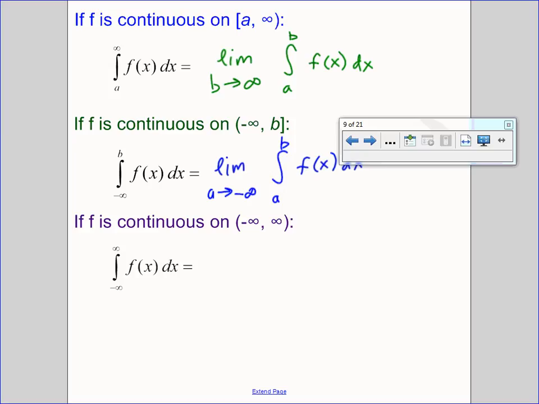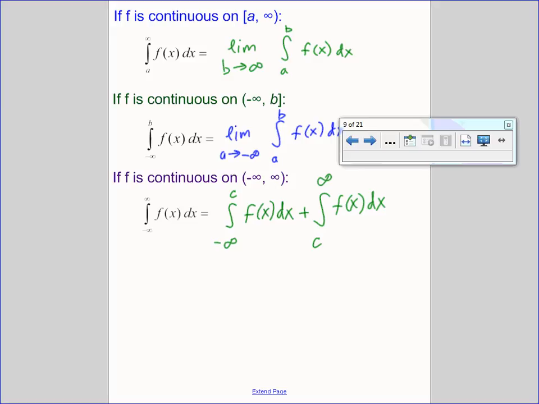So I'll say the integral from negative infinity to c of f of x with respect to x, plus, continuing on, from c to infinity of f of x with respect to x. And lastly, I can now consider two limit expressions just like the top.